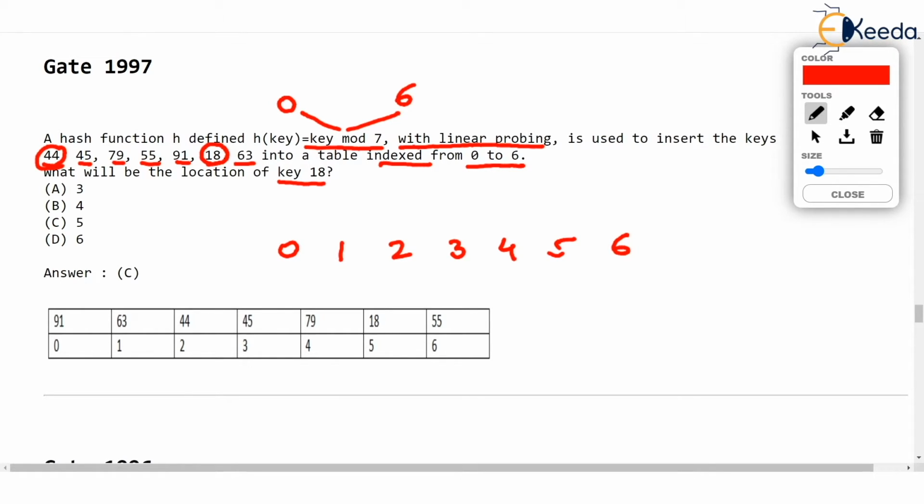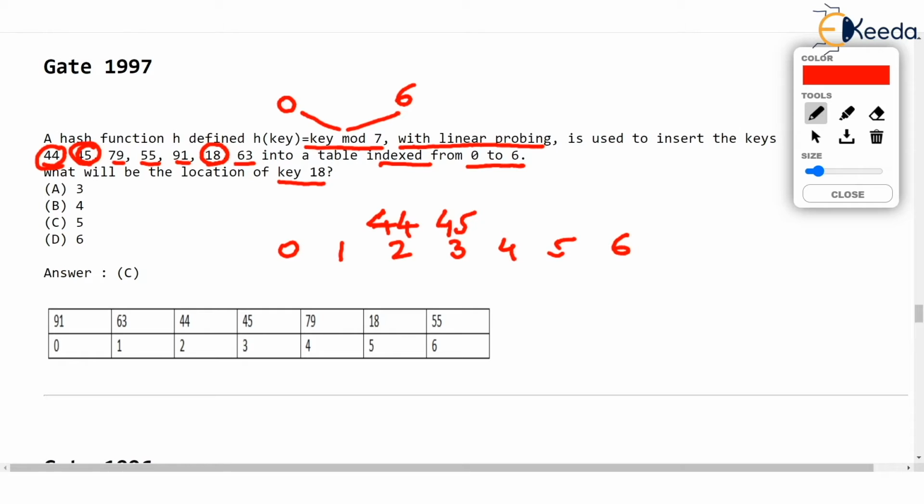So the remainder is 2. So 44 will nicely go at the second location. This is the mapping address. The next key 45, when divided with 7, is 45 mod 7. 7 sixes are 42. So the remainder is 3. So 45 will go at the third address.